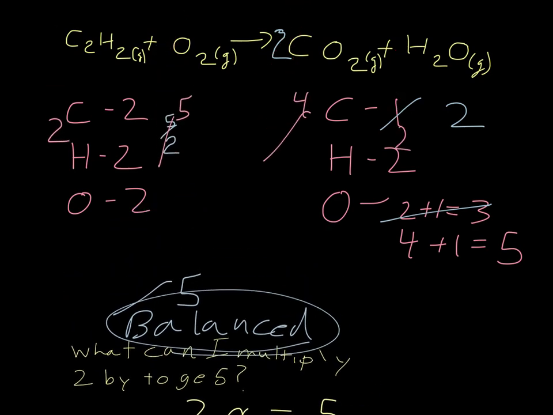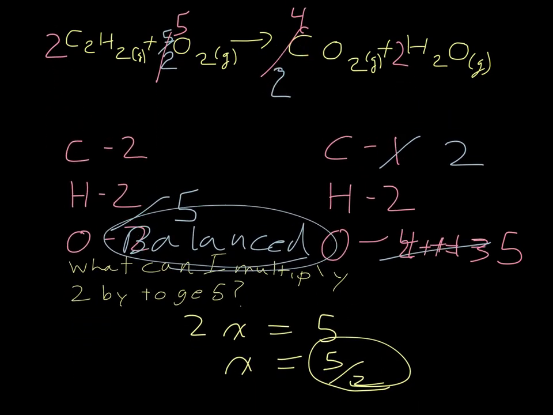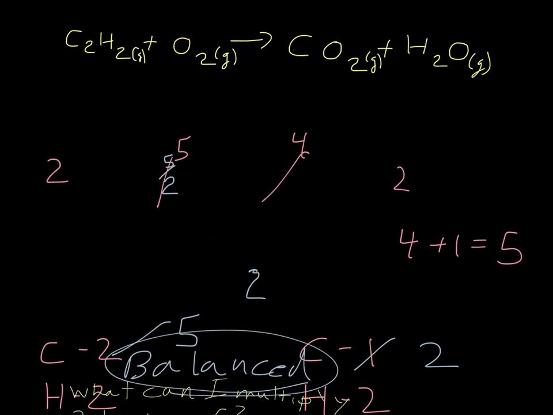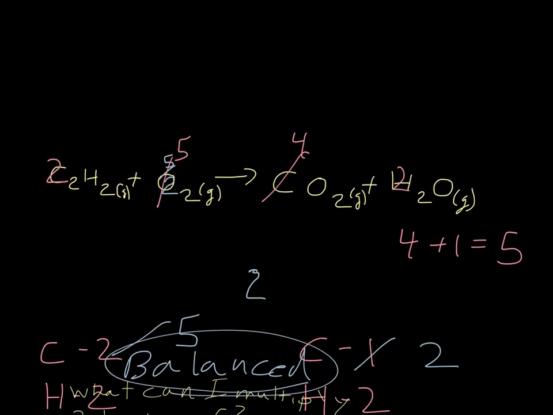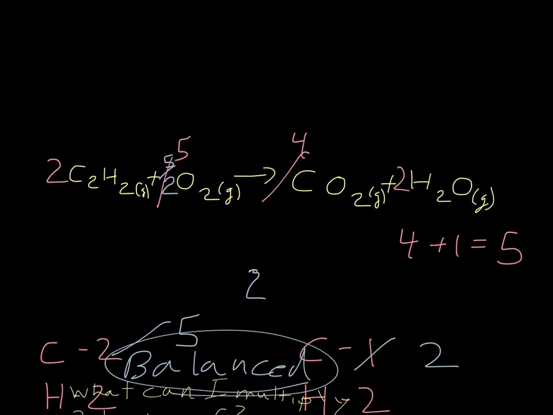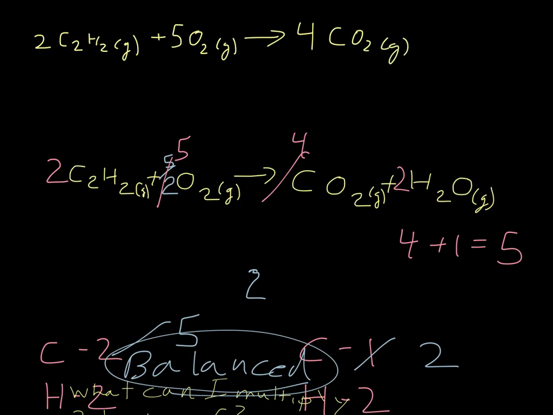If we were to write it all nice and clean here, and I know that's what everybody wants to do, then we would have 2 molecules of acetylene gas reacting with 5 molecules of oxygen gas to yield 4 molecules of carbon dioxide gas plus 2 molecules of water gas.